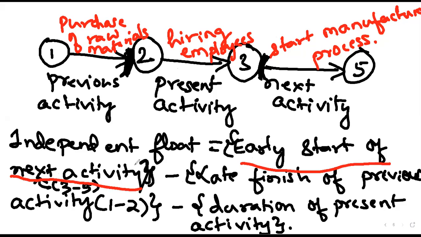The late finish of the previous activity was being replaced with the early finish of the current activity. That was the change you found in the previous calculation. You can just make note of this, and those who have doubts can ask.